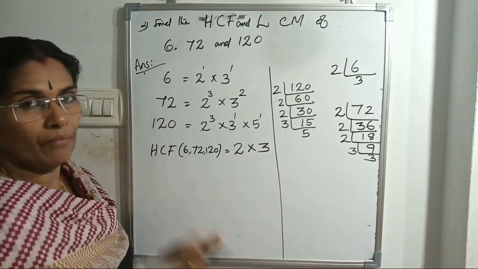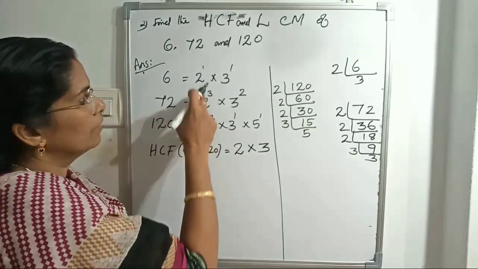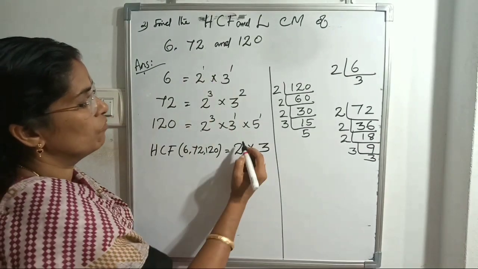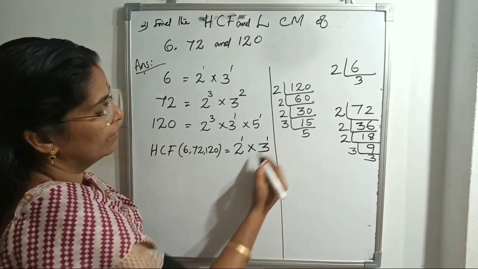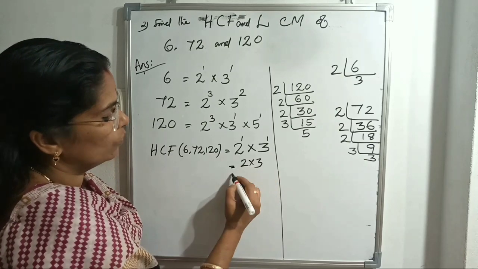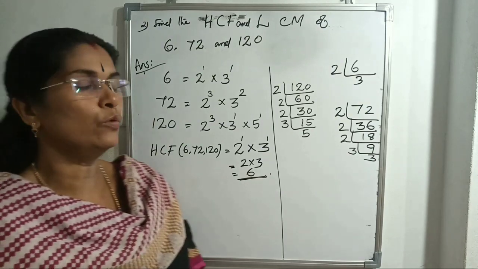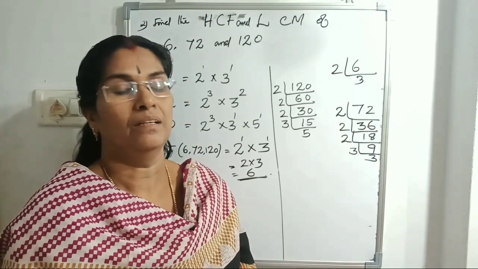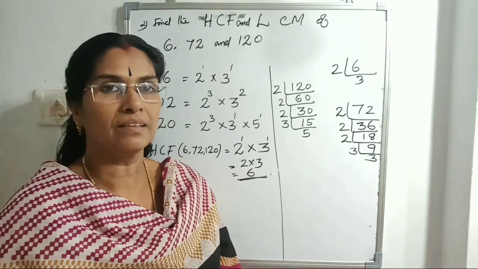One more step: you have to find the least power. Among these the least power is 1. Among these the least power is also 1. So the answer is 2 into 3, which is equal to 6. So the HCF of 6, 72 and 120 is 6 only. Clear?